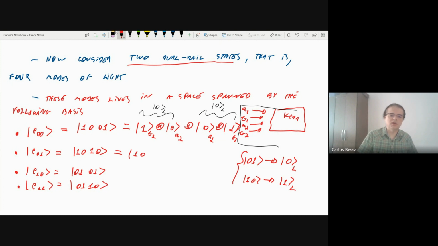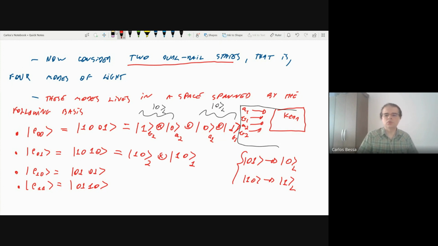This is the 2, so this is B and this is A. For mode 1, this is A and this is B. It's inverted.